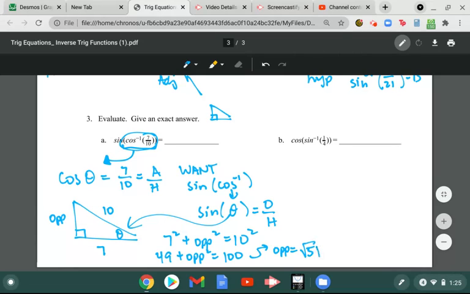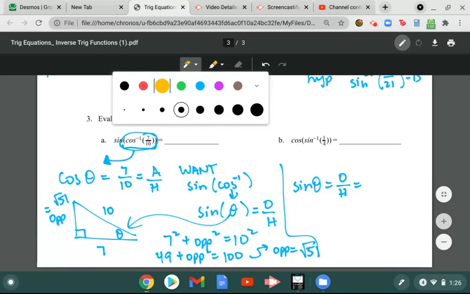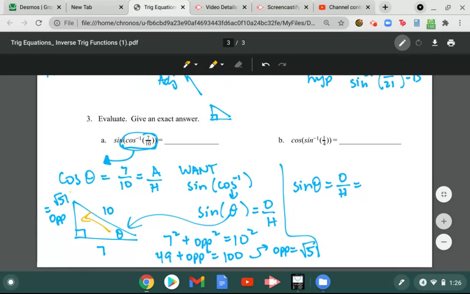So I get a radical 51. Now I want to find the sine of that value. The sine of theta is SOHCAHTOA, opposite over hypotenuse. Opposite, I'm just really building this triangle, right? Opposite is radical 51, hypotenuse is 10. So we get radical 51 divided by 10.